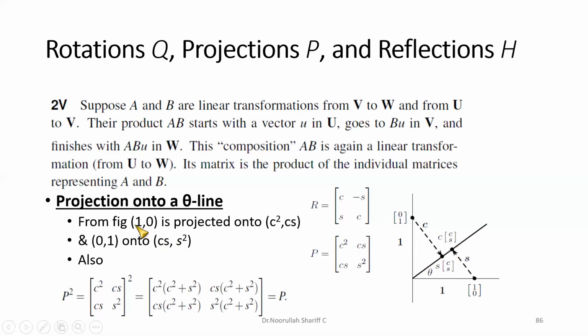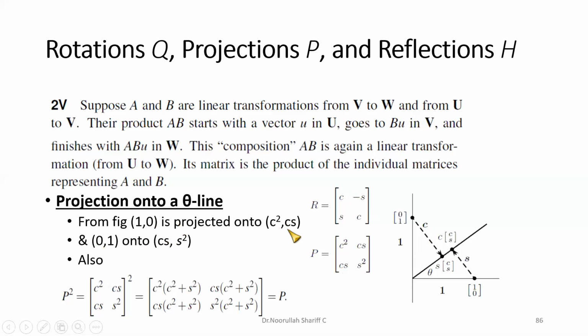So thus the 1, 0 basis vector is projected onto C square, CS, and the second basis 0, 1 is projected onto CS, S square. So we get the P matrix, which is something like this: C square, CS, and CS, S square.